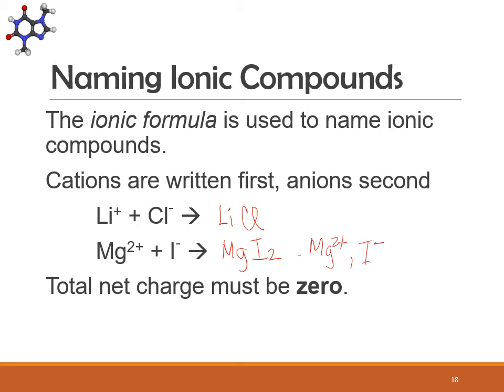In order for magnesium iodide to have a 0 charge, we need 2 atoms of the negatively charged iodide ion. So, the formula for magnesium iodide becomes MgI2. In this way, the total charge of this molecule is 0.